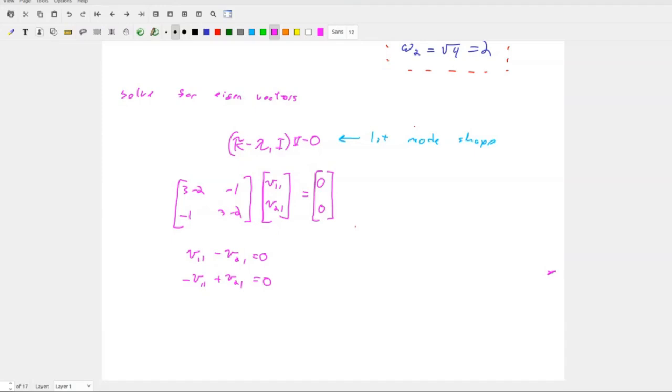Maybe another way to think about this, probably a better way, is V11 equals V21. Do you see that? If I just move it to the other side, V11 equals V21.